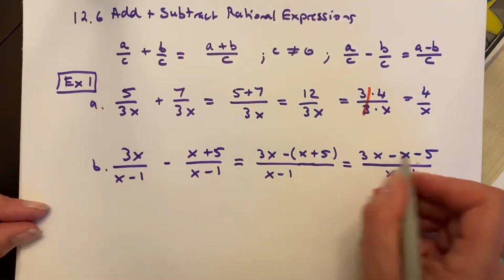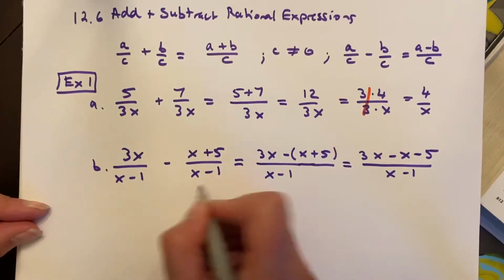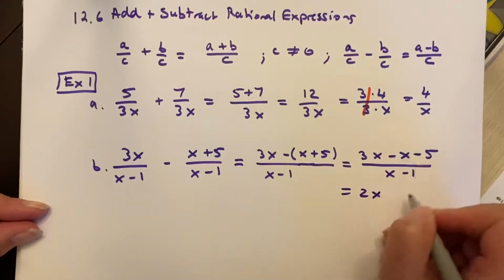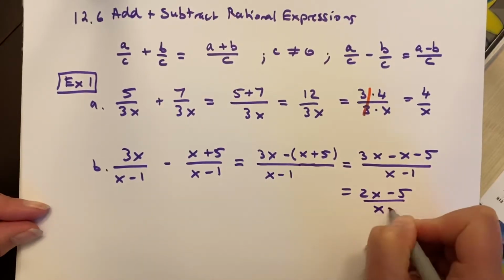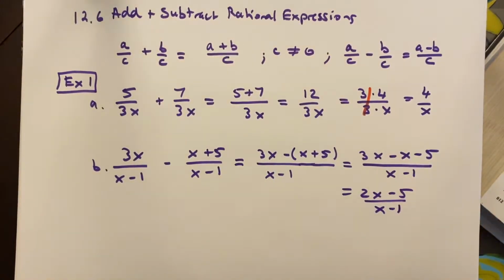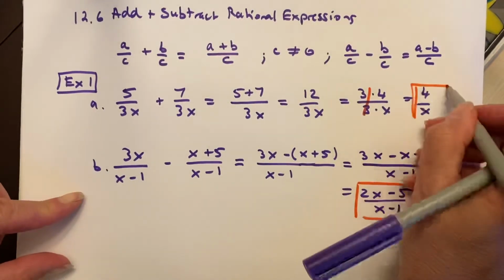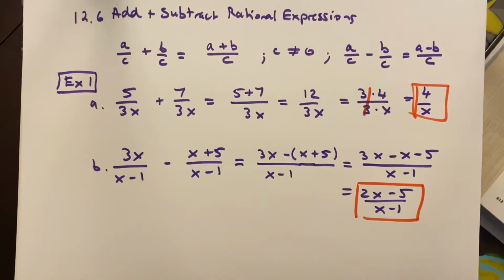Now it's just a question of simplifying: 3x minus x gives me 2x minus 5 over x minus 1, and I can't get any simpler than that, so that is my answer. The book says check your simplification using a graphing calculator, and if you checked it against graphing the original problem, you would see that it is correct.